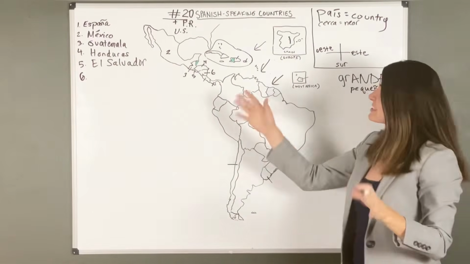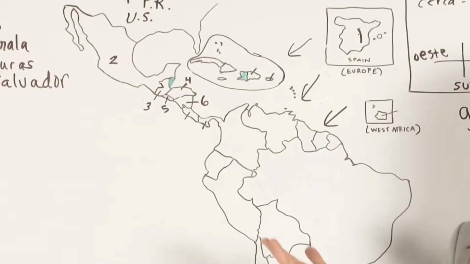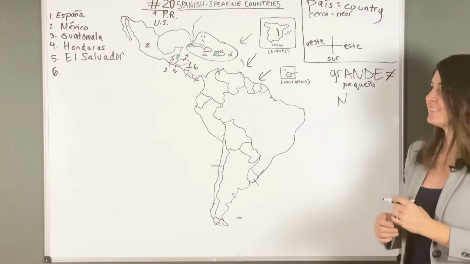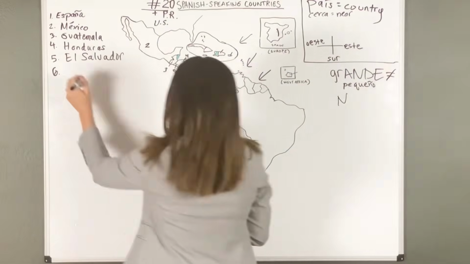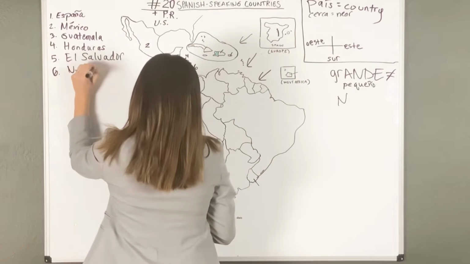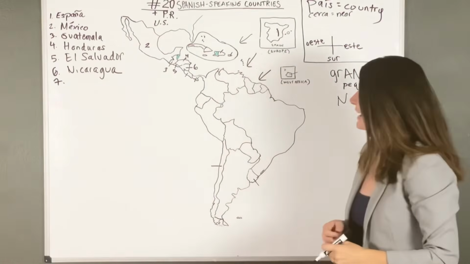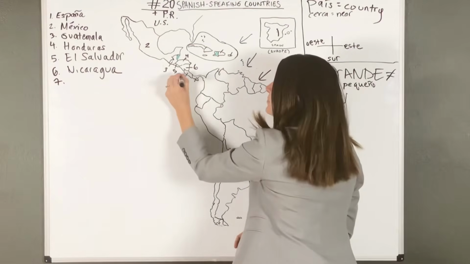Ok, número 6. Es un país bastante grande en América Central y empieza con la letra N. Nicaragua. 7.